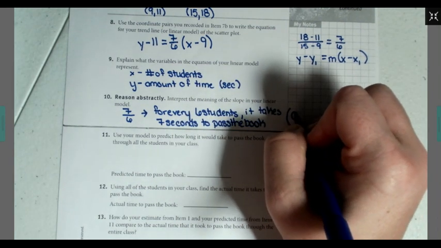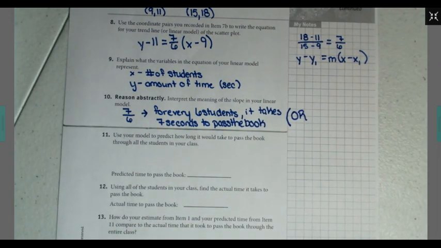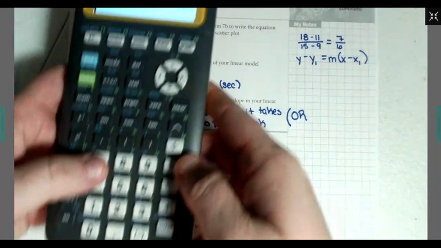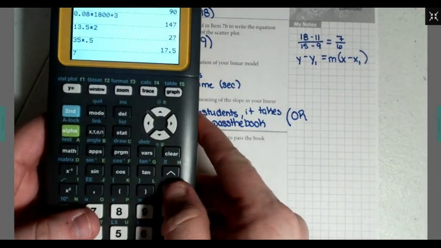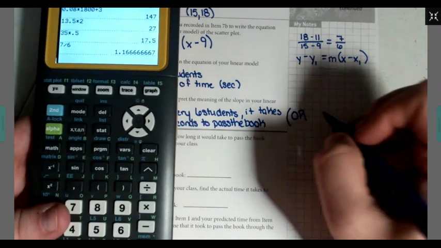Or, if I do 7 divided by 6, let me find my calculator real quick here. If we do 7 divided by 6, we get 1.16.